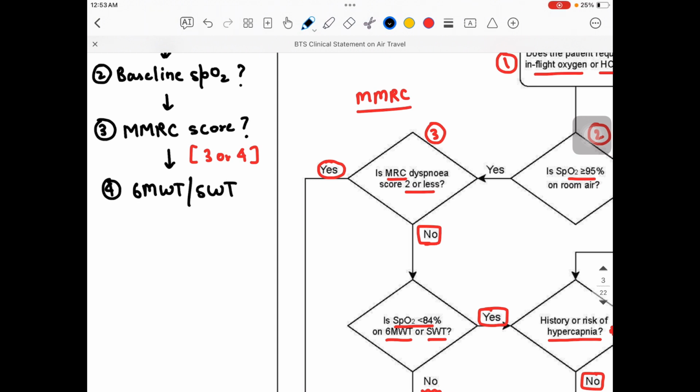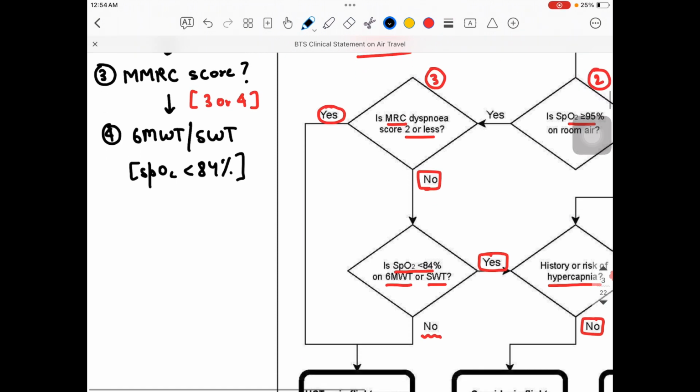We see whether saturation levels are lesser than 84% or more than 84%. If lesser than 84%, we ask the next question: what about hypercapnia? Does the patient have any history or risk of hypercapnia?